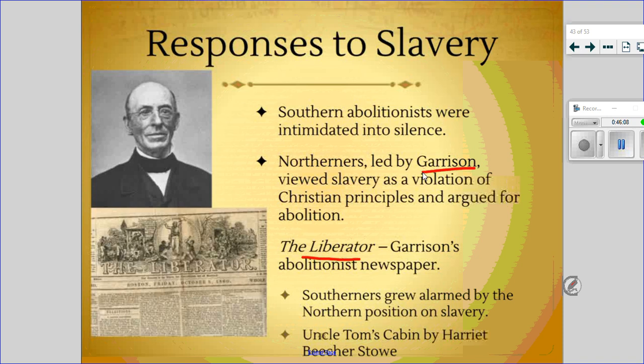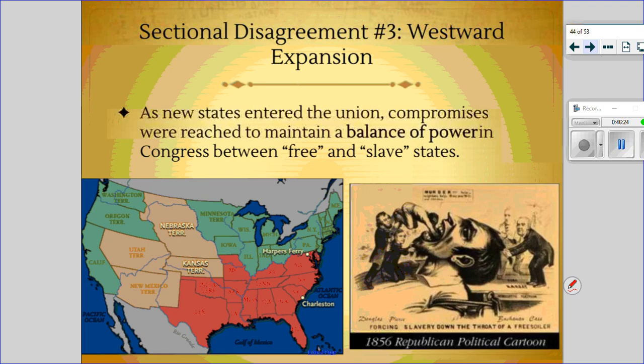All right, Southerners are freaking out about this. They are more and more alarmed by Northern opposition to slavery. Don't forget about that book, Uncle Tom's Cabin by Harriet Beecher Stowe, that encouraged so many people to join the abolitionist movement. All right, so westward expansion, like I said, is going to push this issue of slavery to the front of national politics.